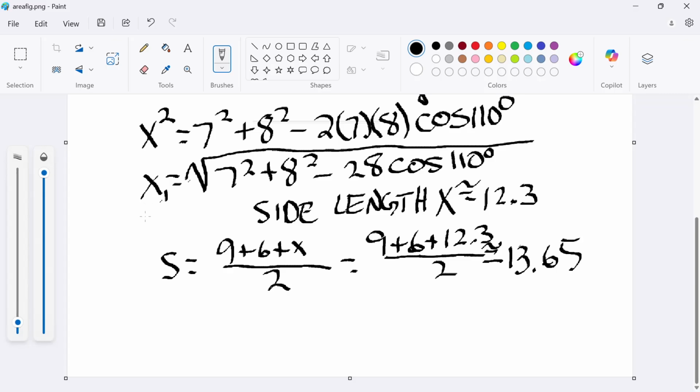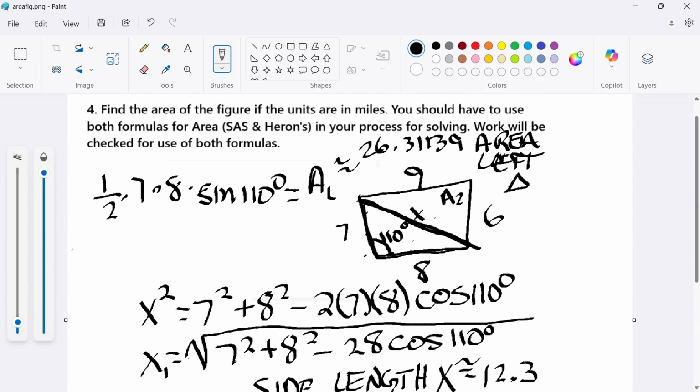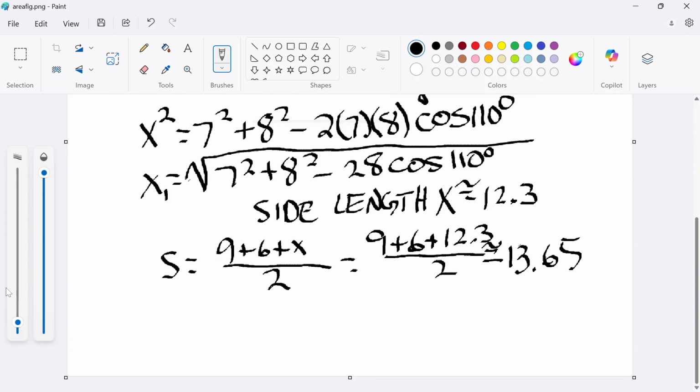So now, this is the area of the left. I have to add it to the area of the right.